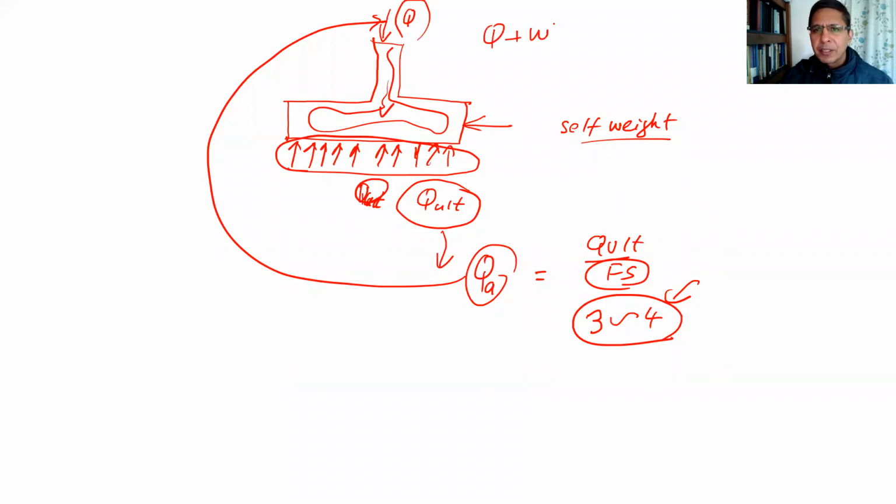Q plus weight of the concrete gives the pressure applied, and that's supported by the soil. So we cover only this part. We try to balance the given load and the pressure from the soil so that we are safe by 3 and 4 times. That is too big anyway.